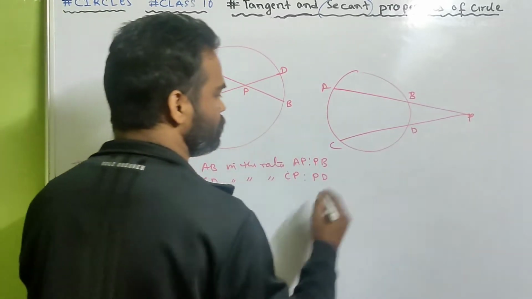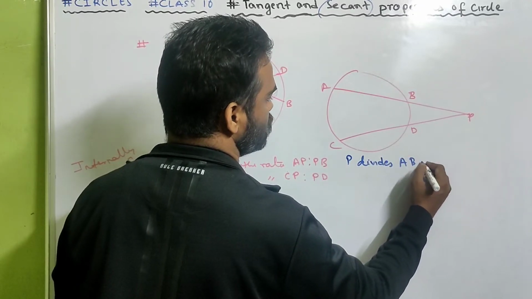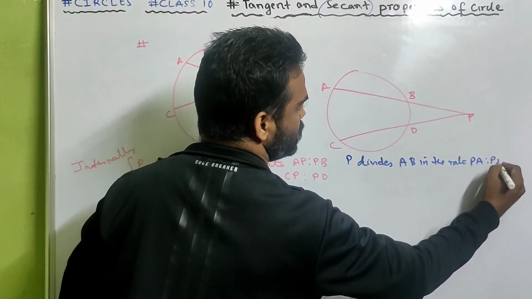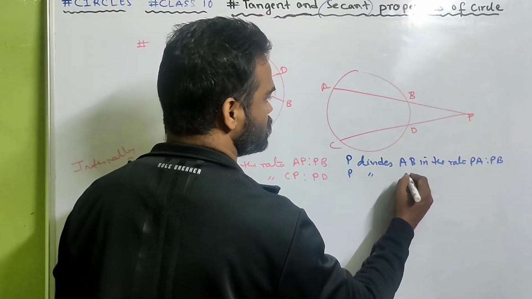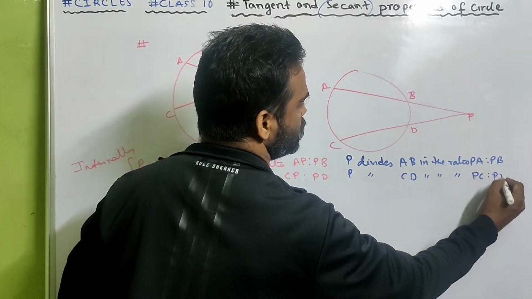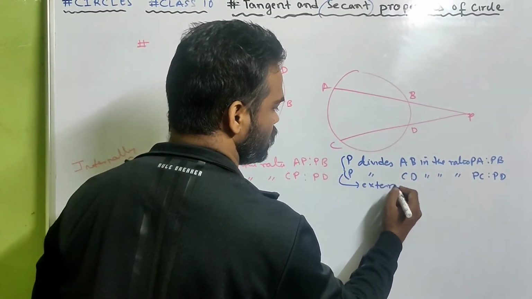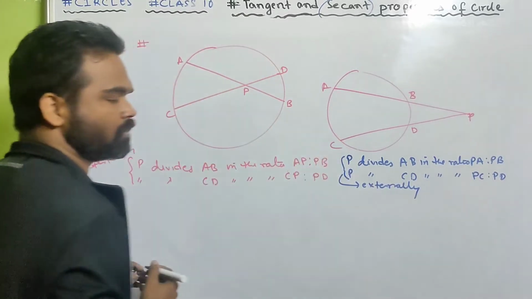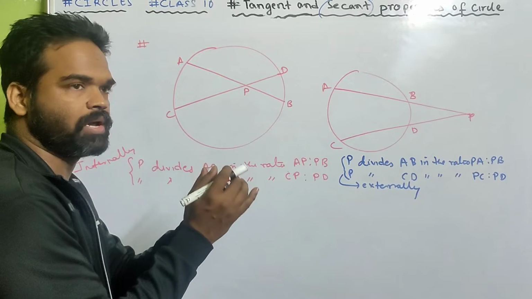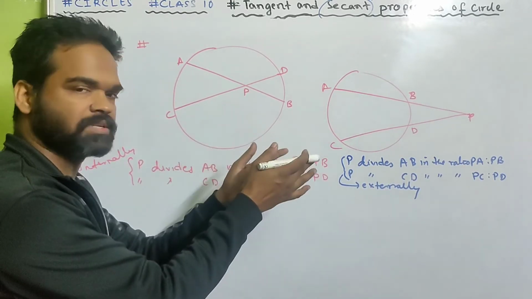So we can write again P divides AB in the ratio PA is to PB, and P divides CD in the ratio PC is to PD. Again, externally. This was externally. It divides externally. This was internally. So, in this kind of scenario, when the two chords are not parallel to each other, they'll either meet internally or externally.